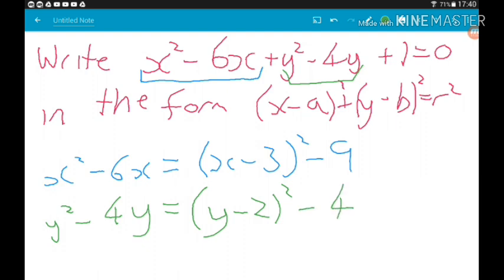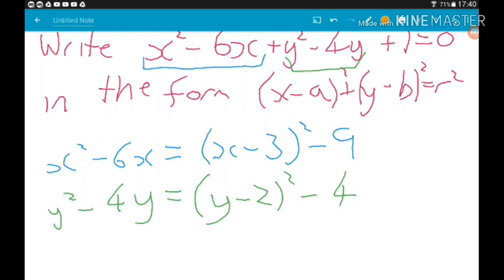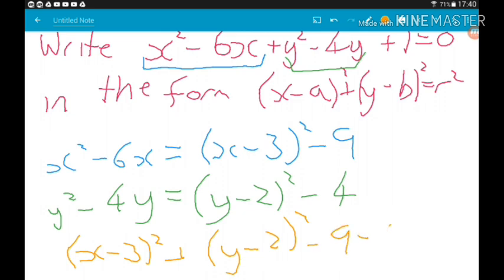So if we now substitute those in, our equation is now x minus 3 squared plus y minus 2 squared minus 9 minus 4 plus 1, which is equal to 0.